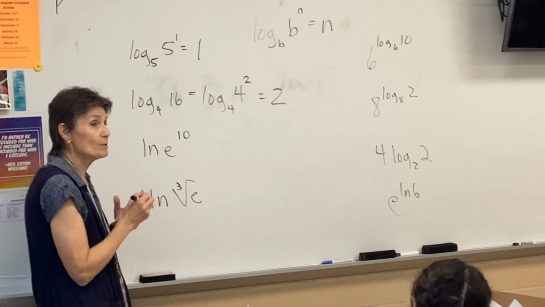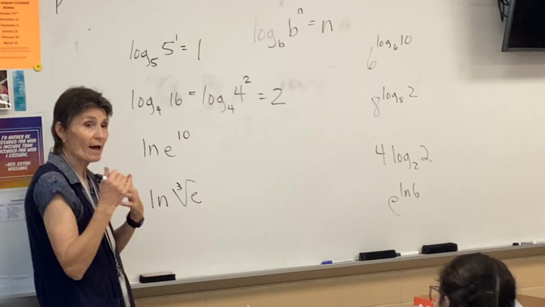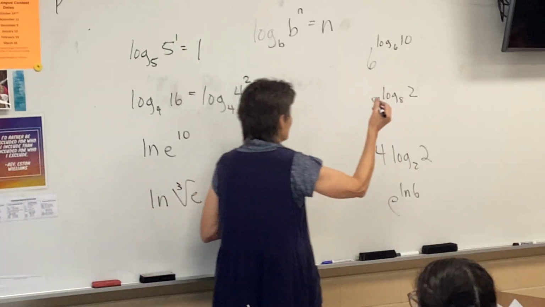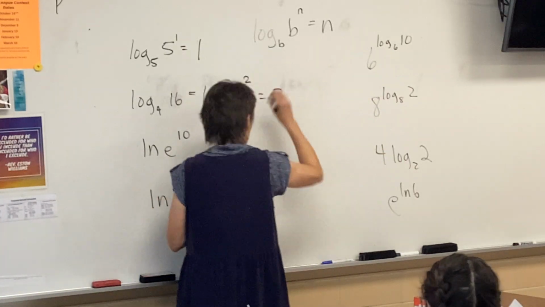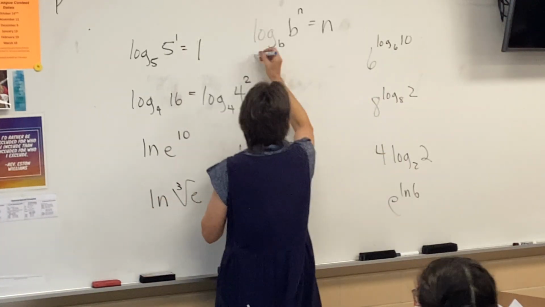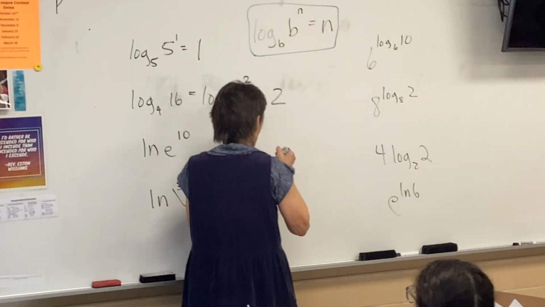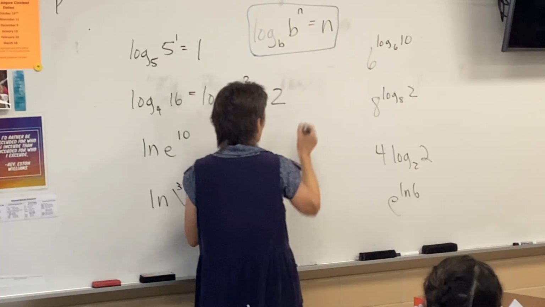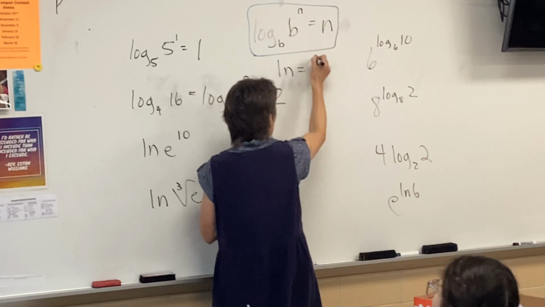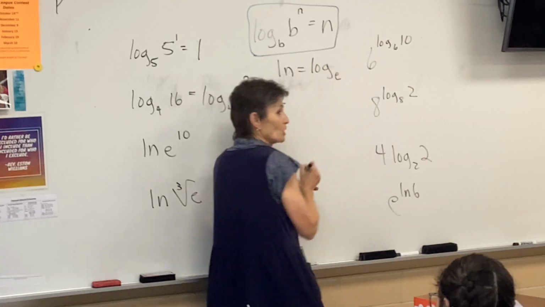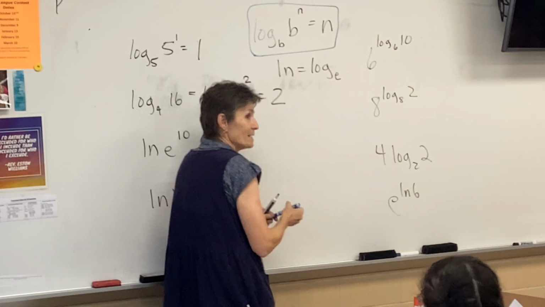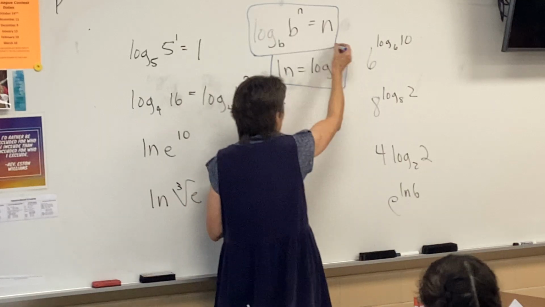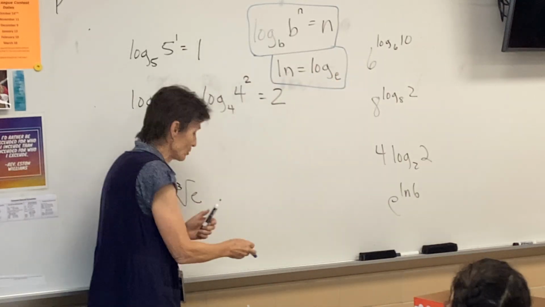Now, to do the next one, we have to remember that ln is the abbreviation for log base e. I'm going to put these in blue that we have to remember. You probably remember that from last year.